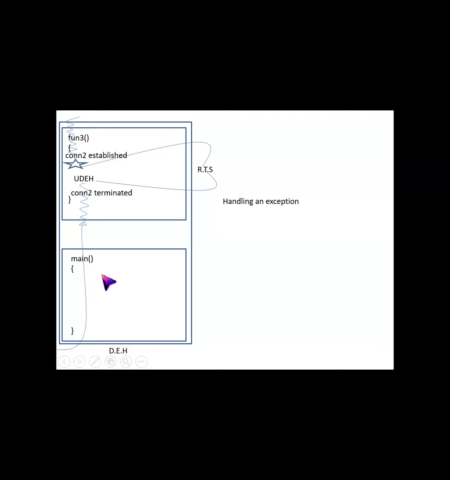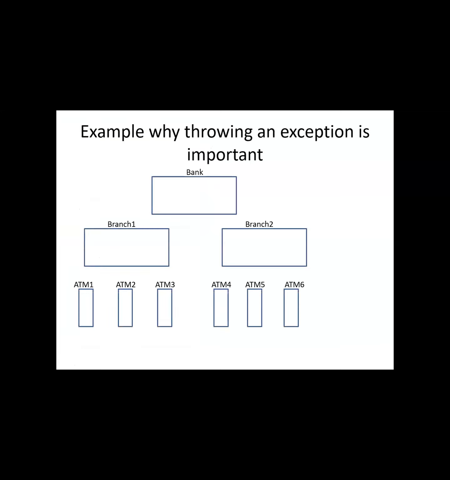Why? There is no connection here. If it goes to default exception handler also, what is my problem? I don't have any problem. Yes or no? Why I don't have any problem? Because there is no connection here. In main method, is there any connection? No.